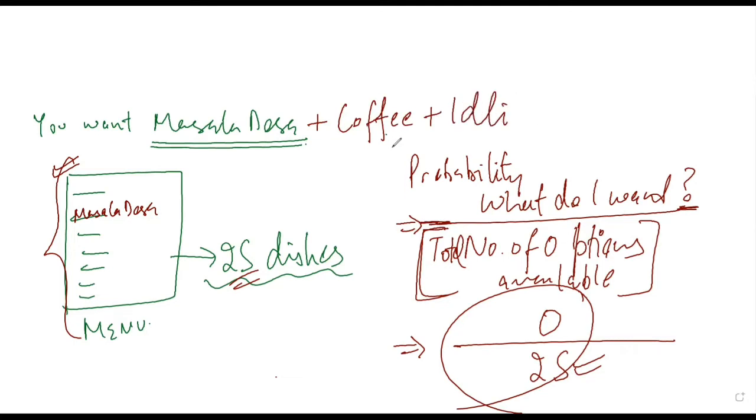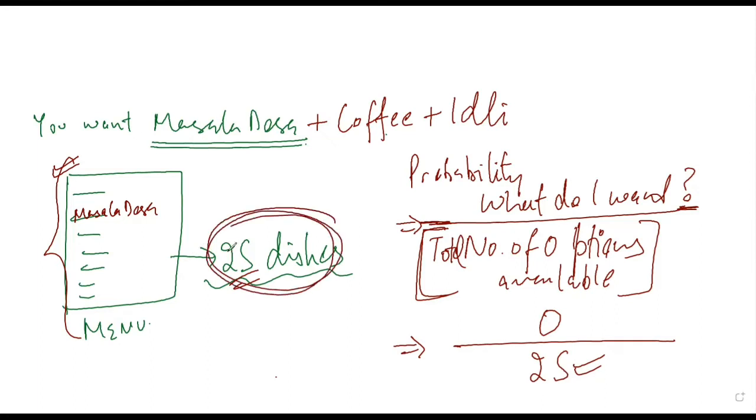So what are the total number of options which are available? So 27. Why 27? The number of dishes would remain the same, no? Yeah, sir. But in the menu, they will write coffee and idli also, right? No. Let us assume that coffee and idli are already mentioned among all the choices. The menu would remain the same. Have you understood? Yes, sir.